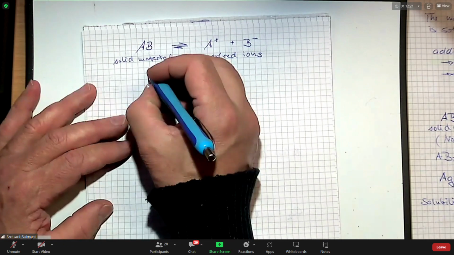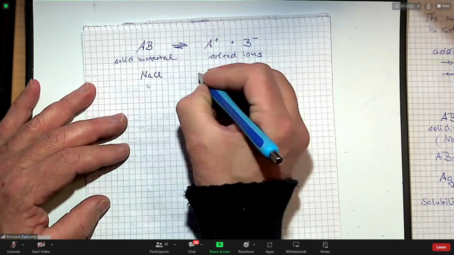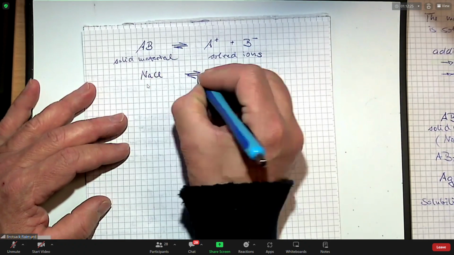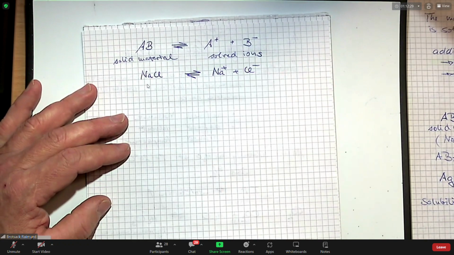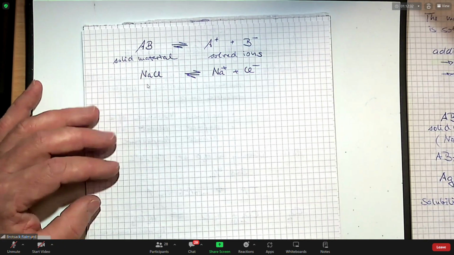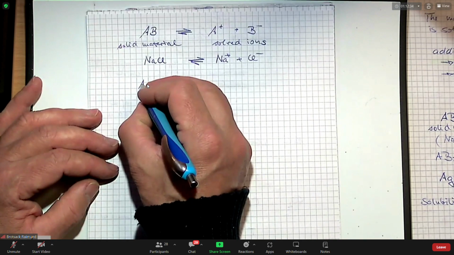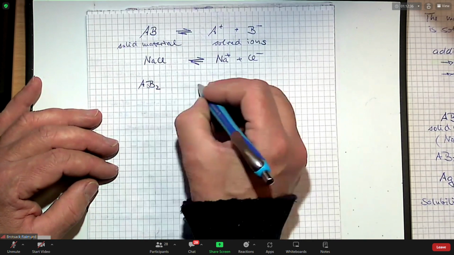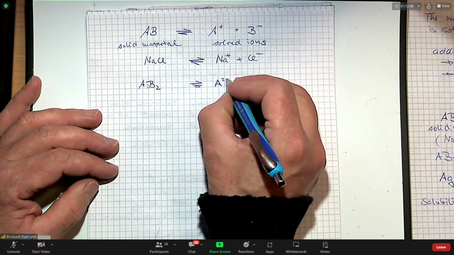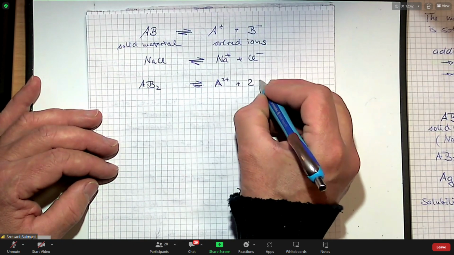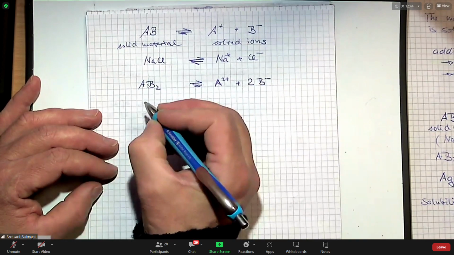Well, in the case of NaCl, it is Na+ plus Cl-. If we have another salt, AB2, then we have A2+ plus 2B-.